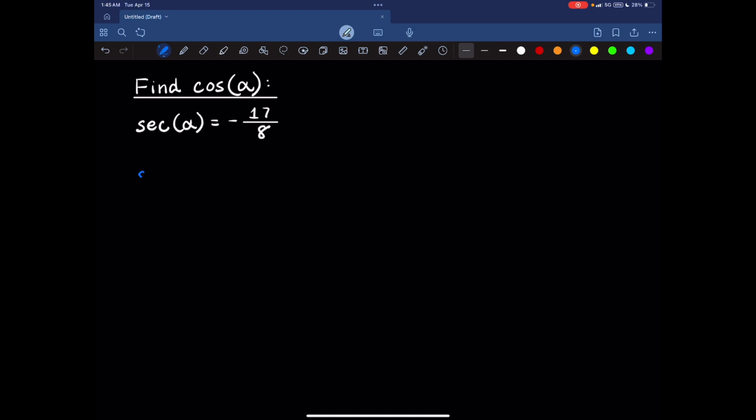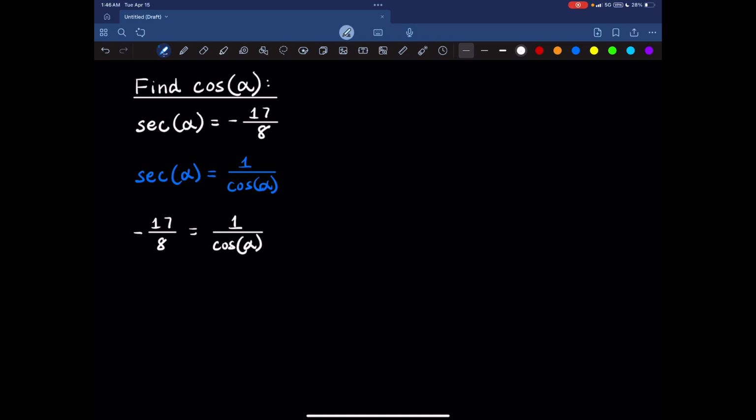So we can say that secant of alpha is also equal to 1 over the cosine of alpha. And so now we can just substitute negative 17 over 8 for secant alpha. So let's do that. Negative 17 over 8 equals 1 over the cosine of alpha.